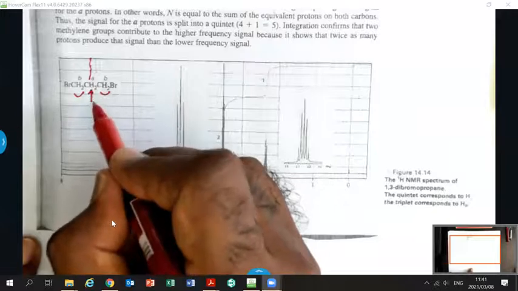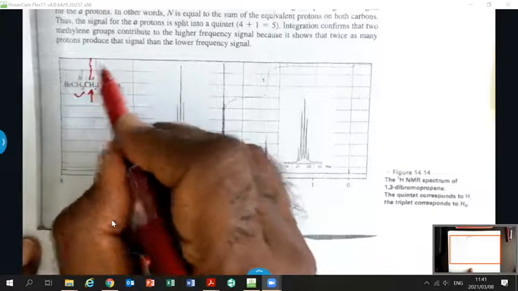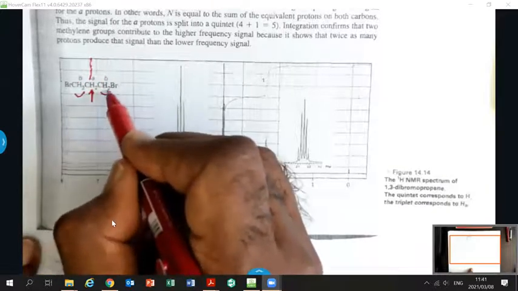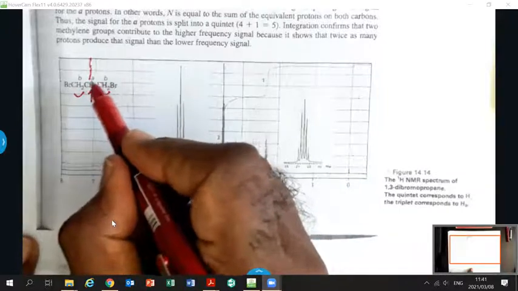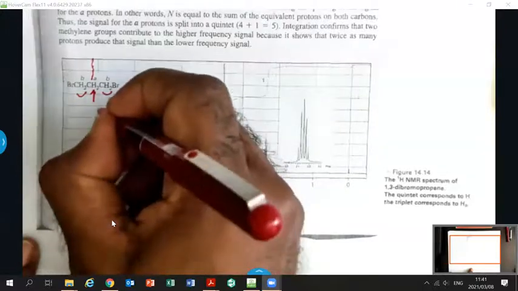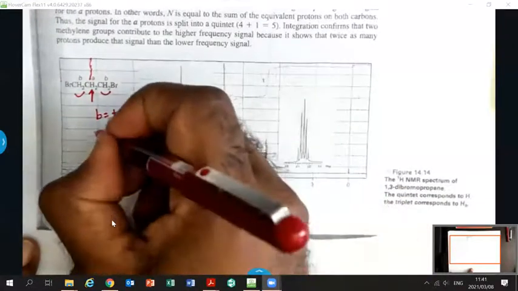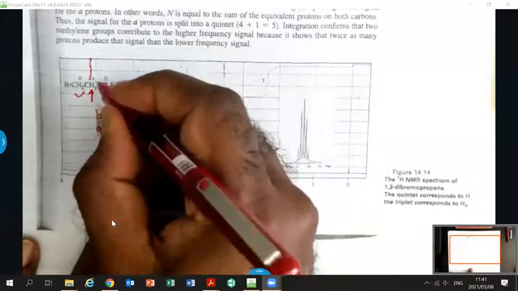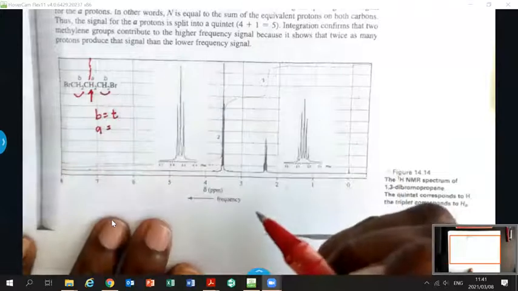Now let's determine the multiplicity here. I'm not seeing the other part because this is symmetrical. So this CH2 group is next to a CH2 group, right? So B is next to a CH2, and this is going to be a triplet. So B is going to be a triplet. A is also next to a CH2 group on one side and a CH2 group on the other side.